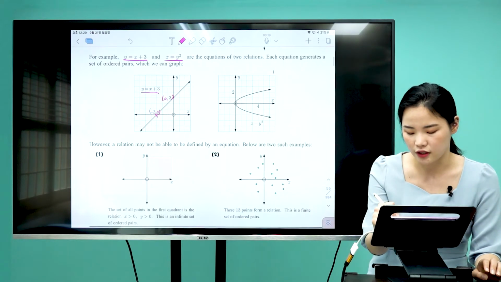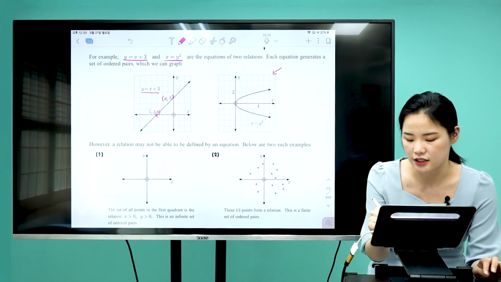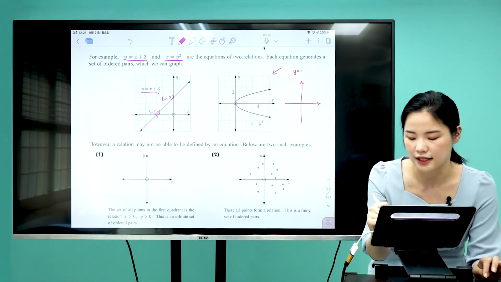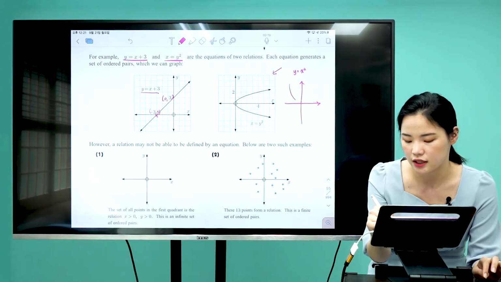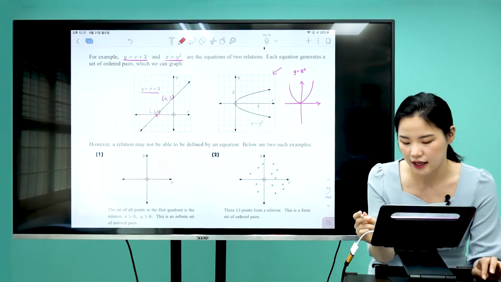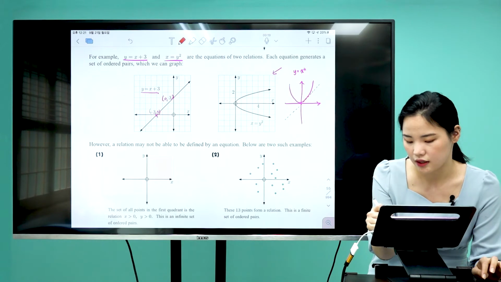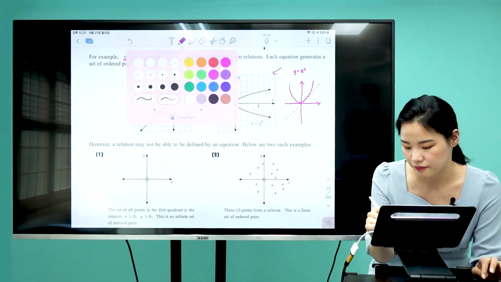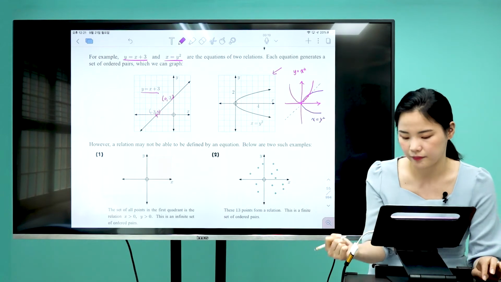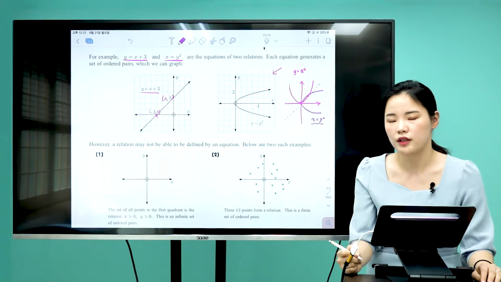And for this function, although it looks unfamiliar, it's actually the inverse of what we know, y equals x squared, which looks like this. If you make the inverse and then make a symmetry of it, you will have x equals y squared. Well, let's talk about x equals y squared a bit later and focus on the functions.